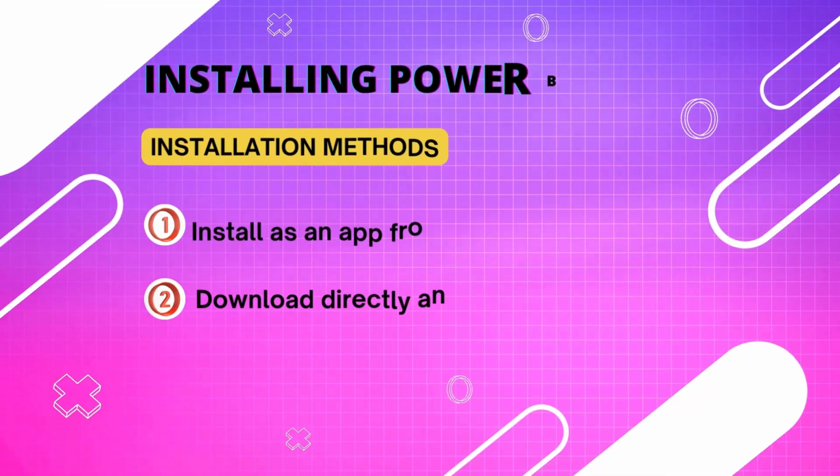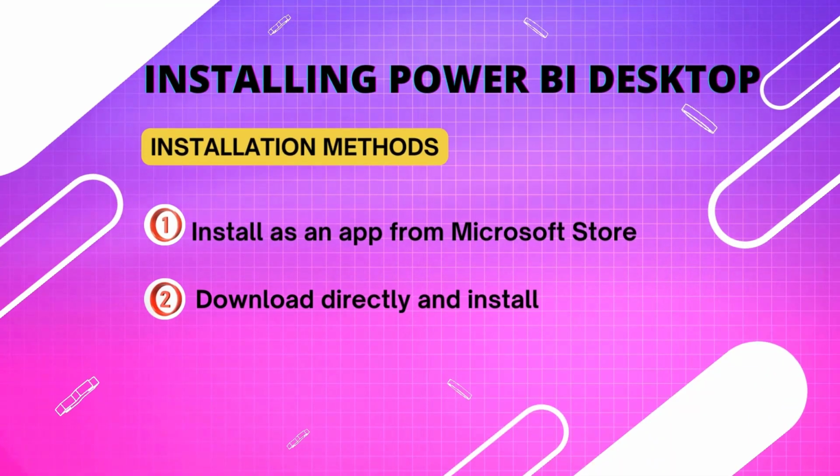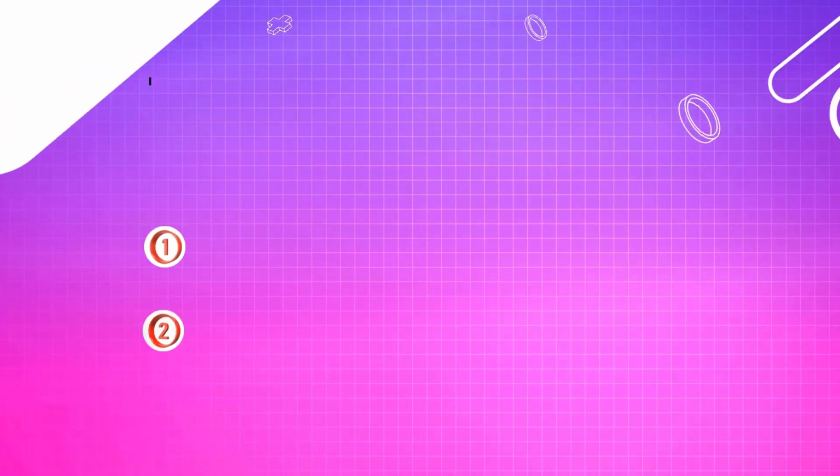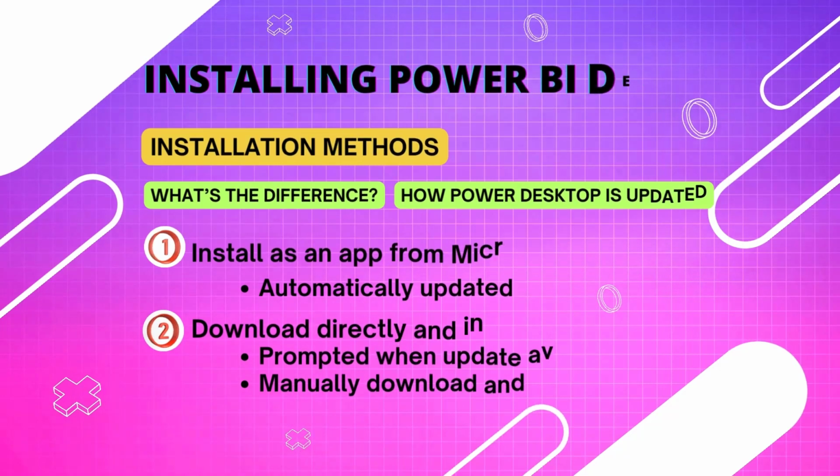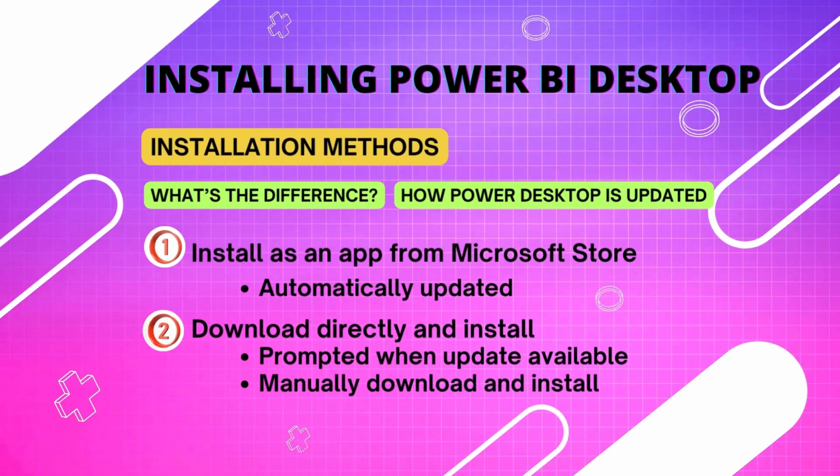So there are two methods to installing Power BI Desktop on your computer. You can install as an app from Microsoft Store, or you download directly and install. So what's the difference between these two methods? Well, the difference is in how Power BI Desktop is updated. If you installed as an app from Microsoft Store, Power BI Desktop will be automatically updated whenever there's a new version released.